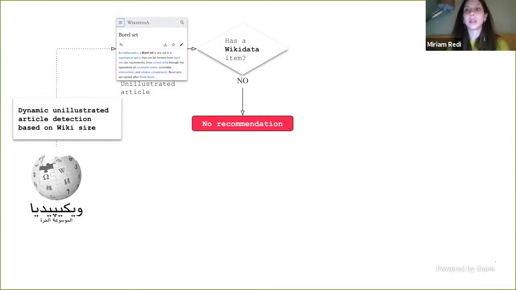algorithm is doing is heavily based on Wikidata because of the multilingual nature of the algorithm that we want to build. So the first thing that the algorithm does is look for the Wikidata item corresponding to an unillustrated article. If there is no Wikidata item, we cannot do much.